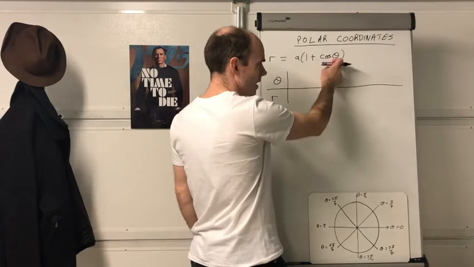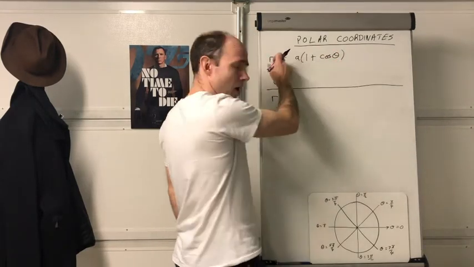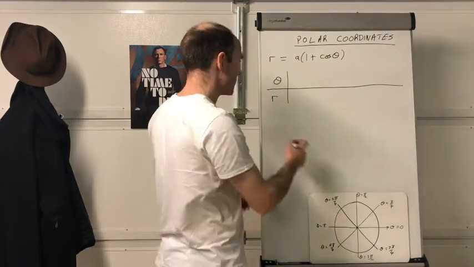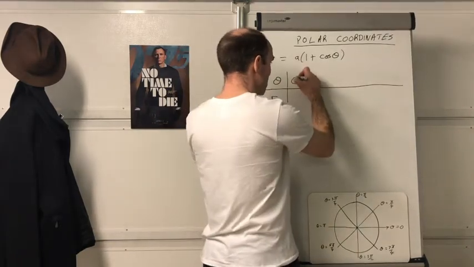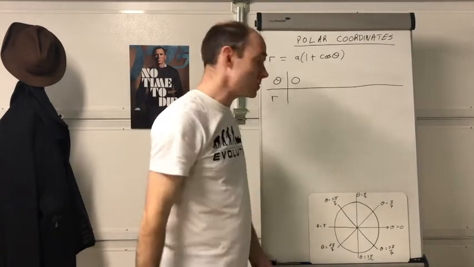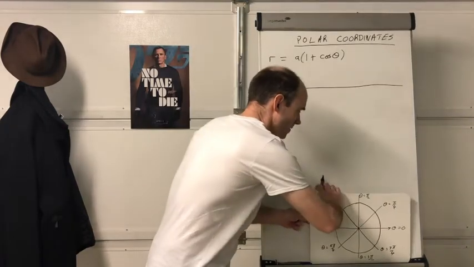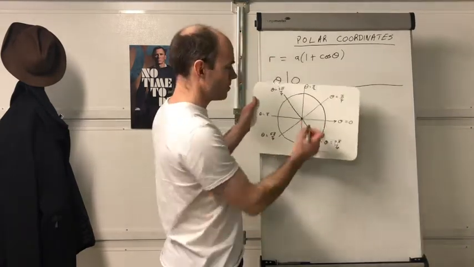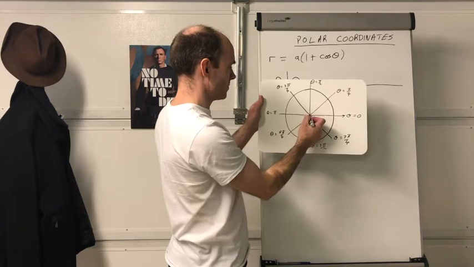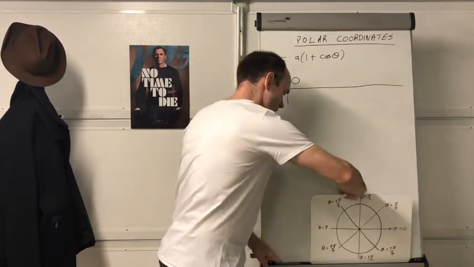Here you work out what values of theta you can have, and then you work out what r is. So we have theta, and we're going to choose some simple values. The simple values to choose are, obviously, 0, pi over 2, pi, 3 pi over 2, but I also like to choose other values as well.